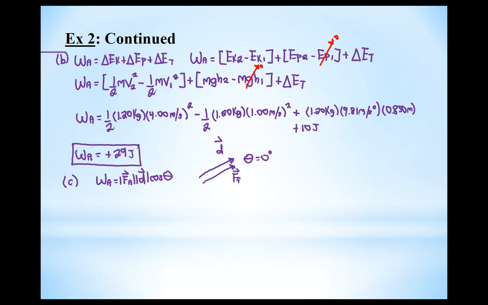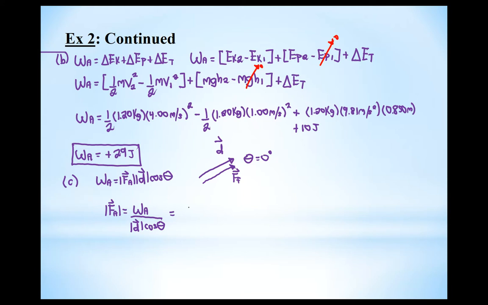Okay, so let's calculate what FA is then. To get FA by itself, just divide both sides of the equation by d cos theta. So you'd have WA over d cosine theta.